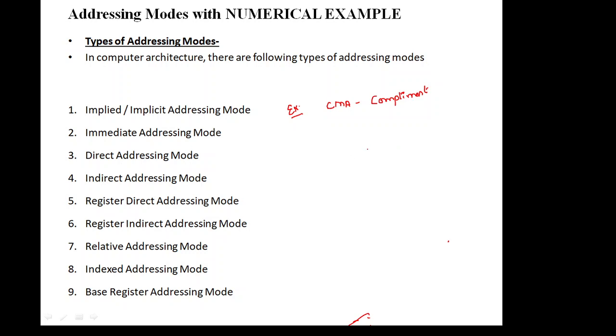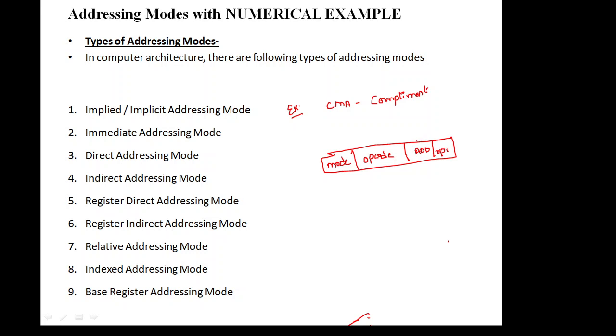When we recollect the instruction format, in the instruction format we have three fields, right? What are the three fields? Mode field, opcode field, and the address or operand field, right? So I'll draw it again. This is the instruction format. The first one is the mode field, the next one is the opcode field, and the next one is the address or operand field, fine.